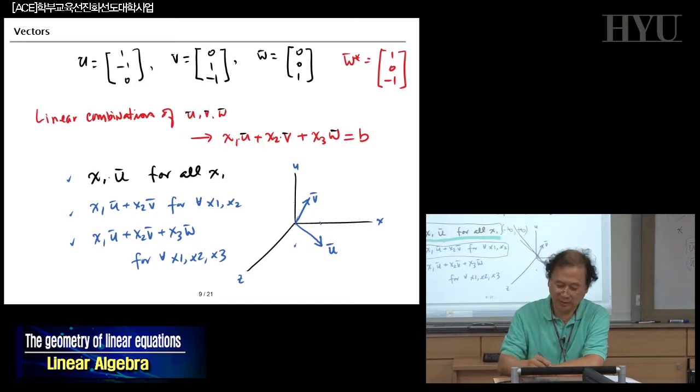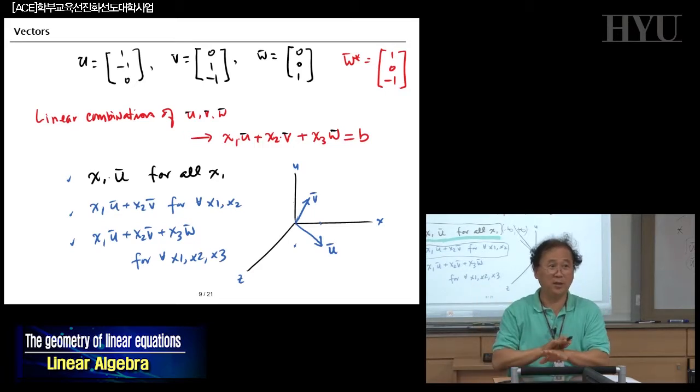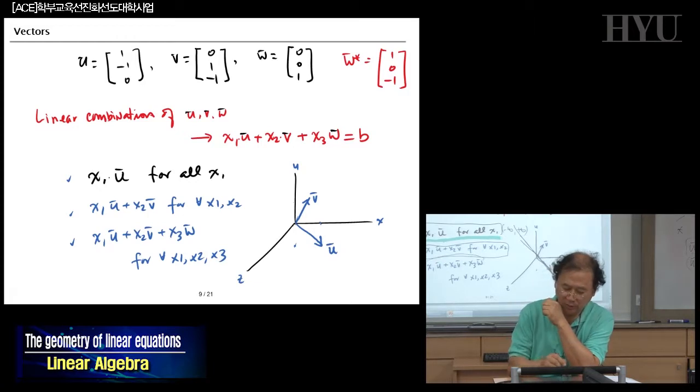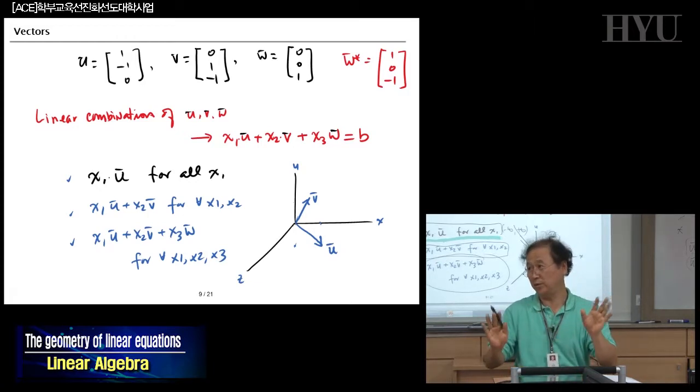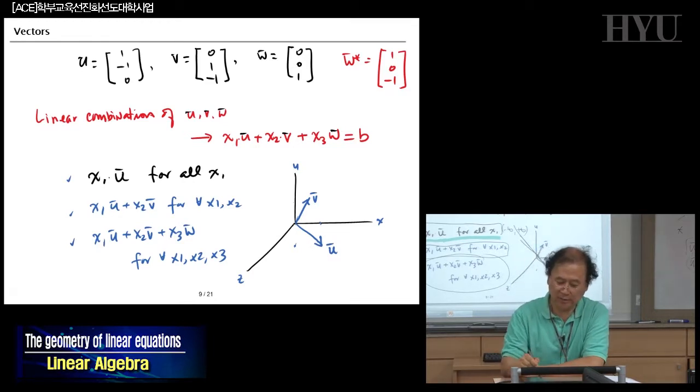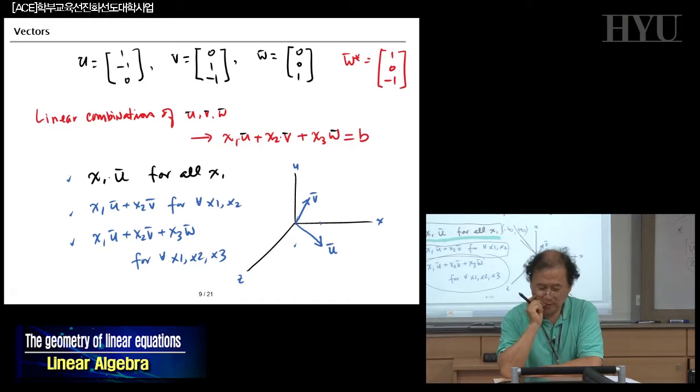So basically this one is the whole plane which includes both U and V. Any point on the plane you can represent as a linear combination of two vectors, right? So when you have all three of them, you can represent this whole space, right? So this is the case. Here one issue is assuming U, V and W are independent.